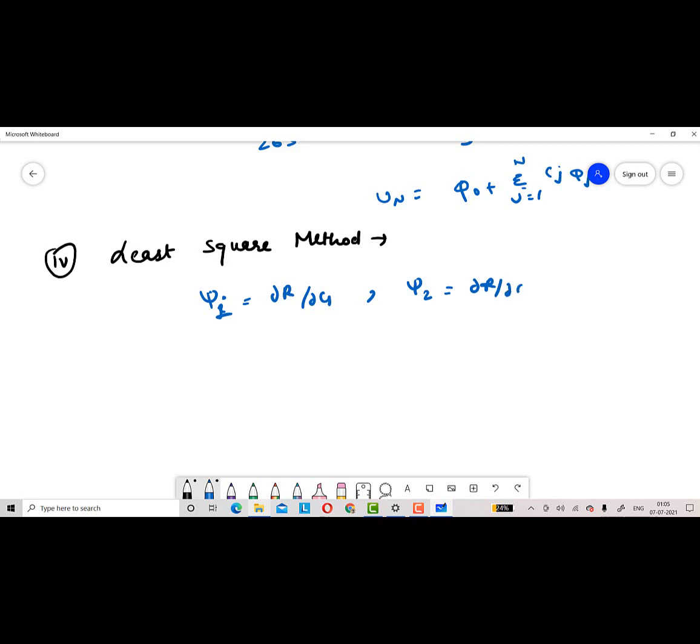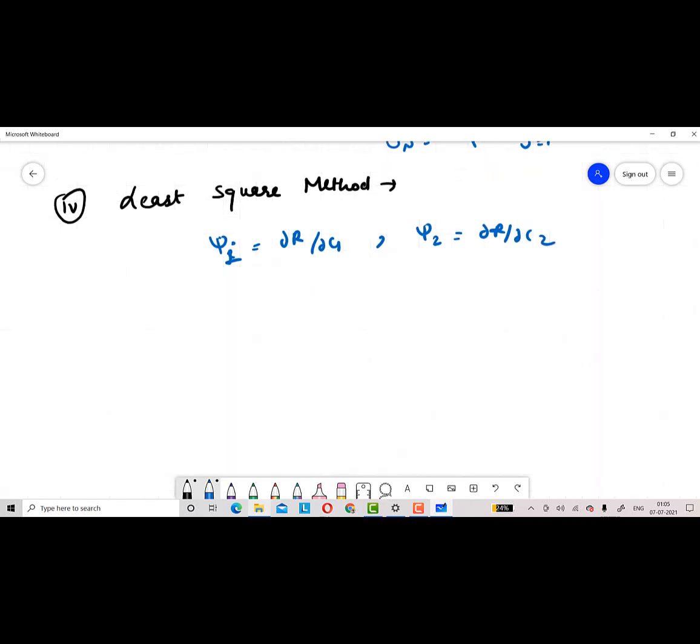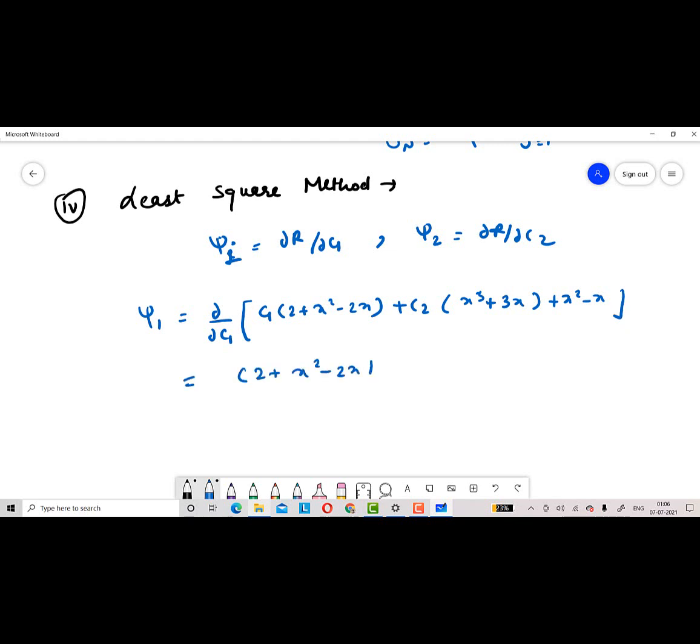If we differentiate r with respect to c1, we get psi1, where r is C1 (2 plus x square minus 2x) plus C2 (x cube plus 3x) plus x square minus x. On differentiating, we get only 2 plus x square minus 2x. The rest of the terms become 0.